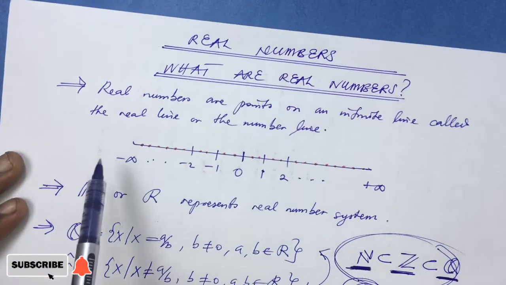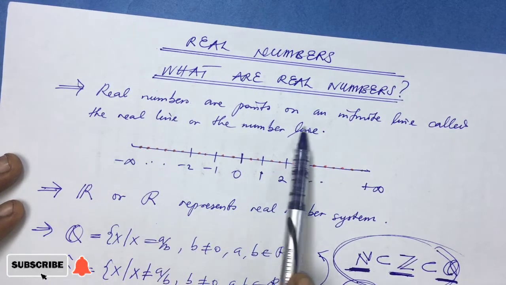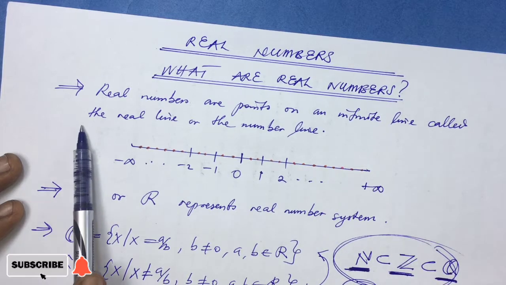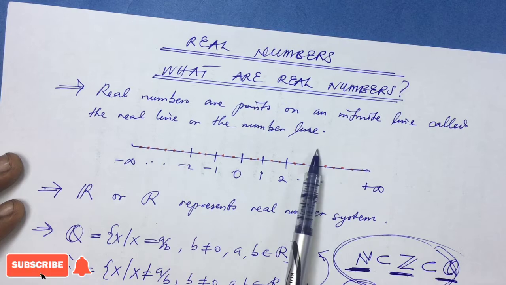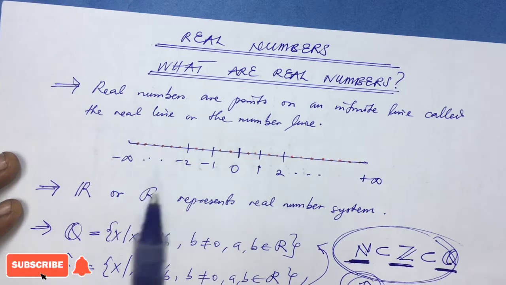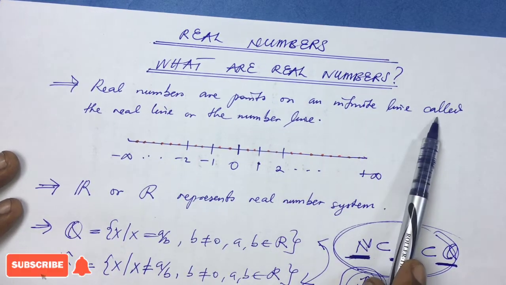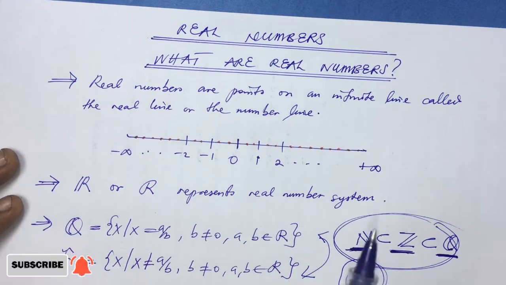So let us go over it again. Number one, real numbers are points on an infinite line called the real line or the number line.